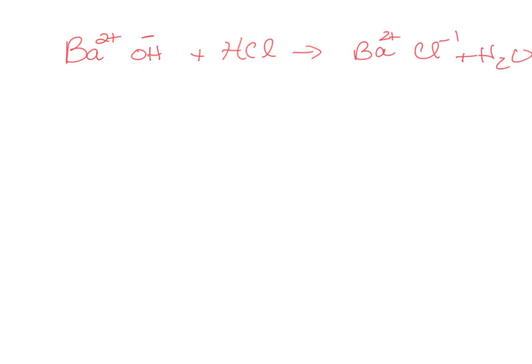All right, the first challenge you have in this reaction is that rather than being given formulas or a balanced reaction, you are given the word names. So this is worth reminding you that barium hydroxide is an ionic compound, and it also happens to be a base.